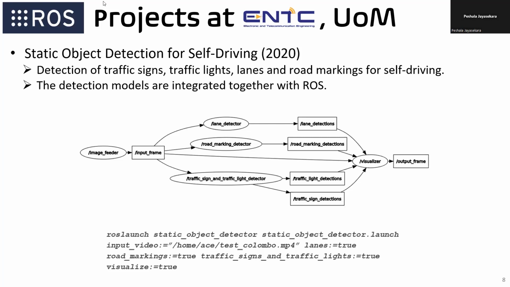All those detection messages have custom message formats specified by us. As the visualizer, we use the ROS visualizer, and the visualizer node will mark all these detections and show the results. The other parts of the self-driving car can subscribe to these topics and get these detections for their respective tasks. So let's see a video demonstration in the next slide.